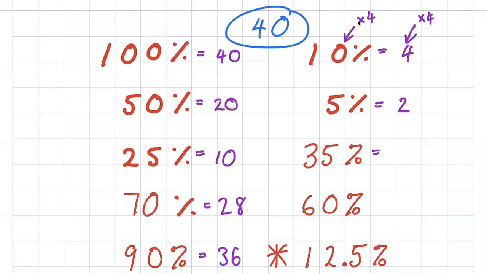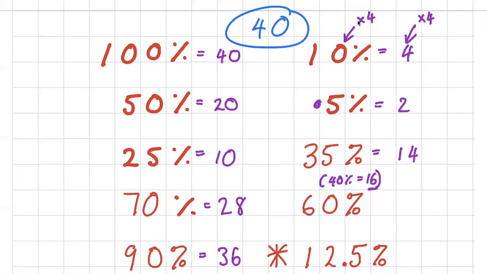So over here, I'm just going to put in a bracket. 40% equals 16, because 4 4s are 16. Now, I know that bit, but I haven't got to 35% yet. What I need to do is take my 40% and take away what I got for 5%. That's 2. So that means that 35% is worth 14, because 16 take away 2 gives me 14.